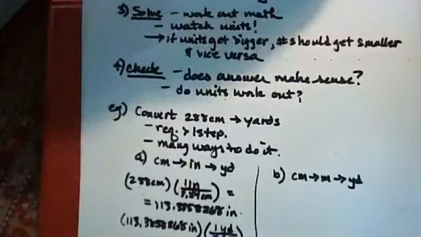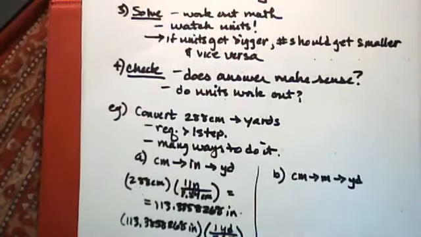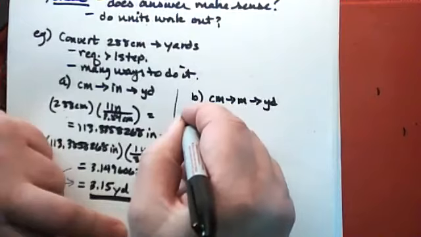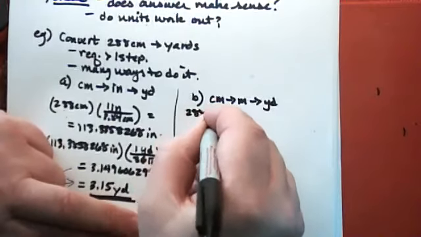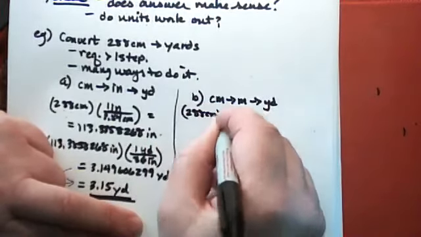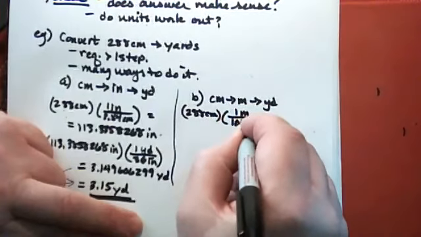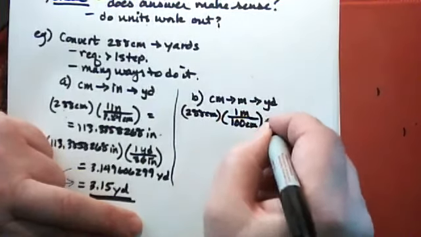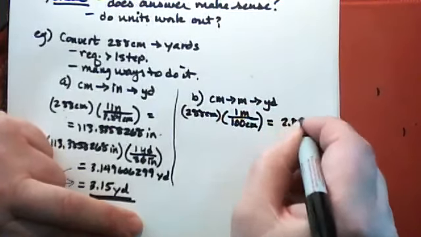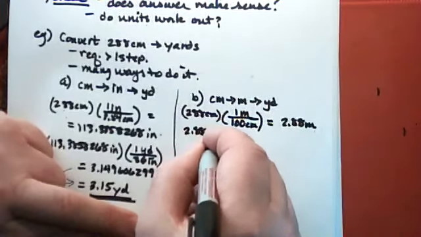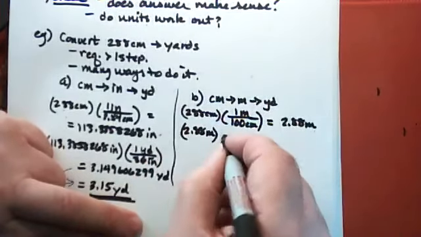The other method would be to go from centimeters to meters to yards. For that one, we've got 288 centimeters. There's 1 meter for every 100 centimeters. And that gives us 2.88 meters.